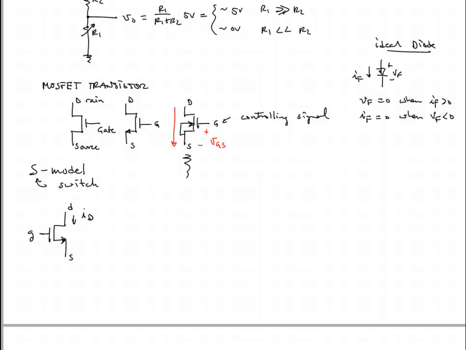There's a couple other things I should mention about the MOSFET, which will simplify its analysis. The current that goes in through the gate is always 0, which sounds kind of strange. But remember, it's the voltage between the gate and the source that controls the transistor.